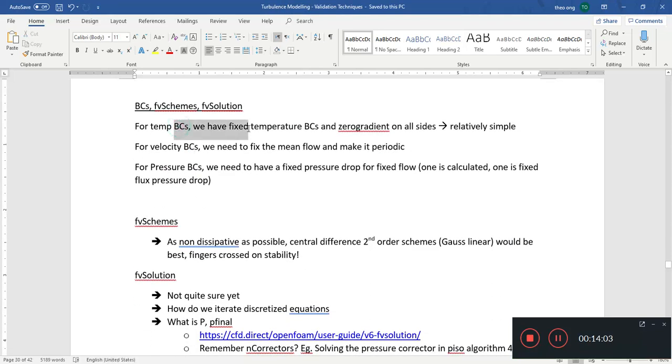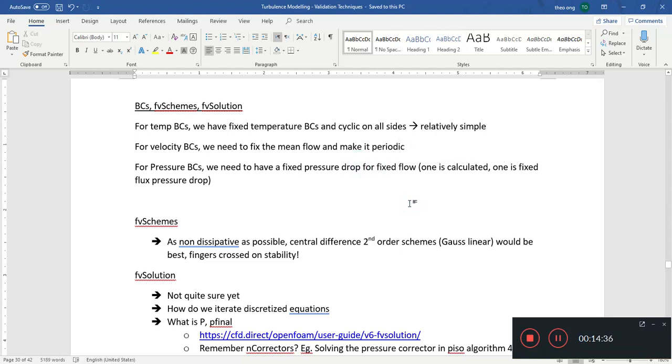For temperature boundary conditions, we have fixed temperature and zero gradient. Actually, I won't say zero gradient, cyclic is more correct. Cyclic on all sides, which means it's periodic. For velocity, we need to fix the mean flow and make it periodic. We found out how using the fvOptions in the channel 395 flow, so we'll just copy and paste that over. For the pressure boundary condition, we need some sort of fixed pressure drop to make the flow constant.